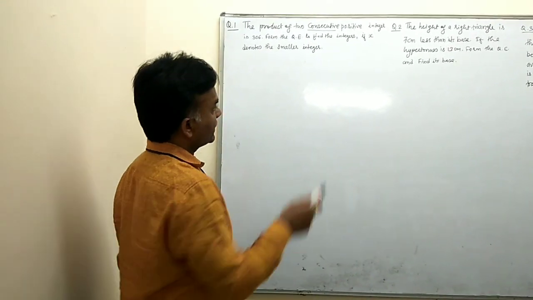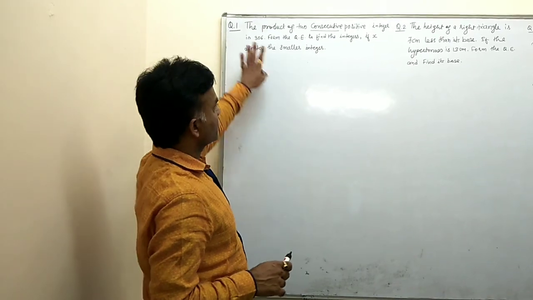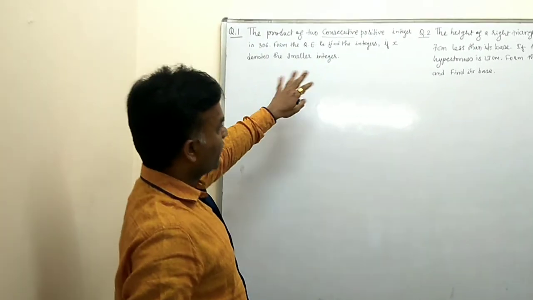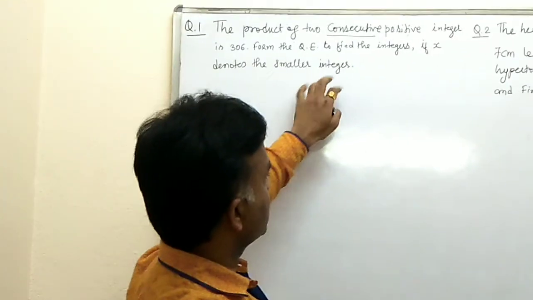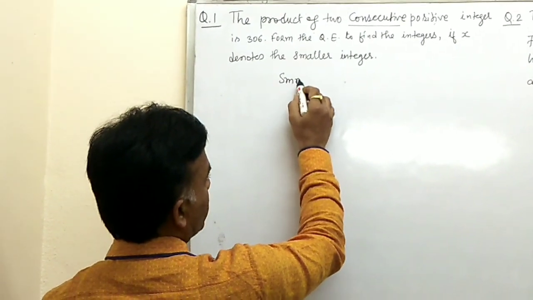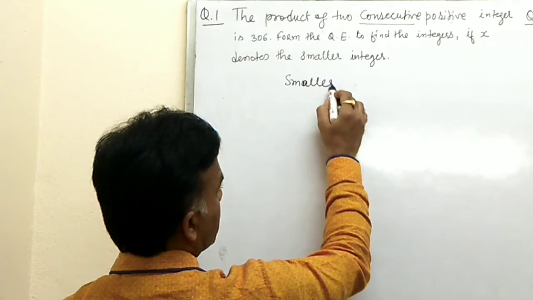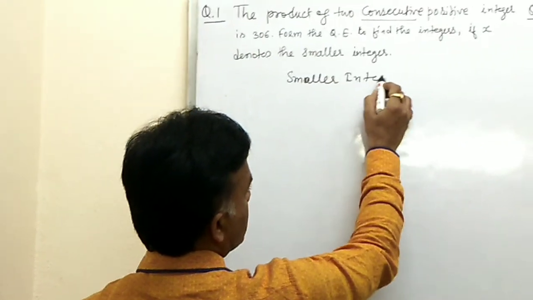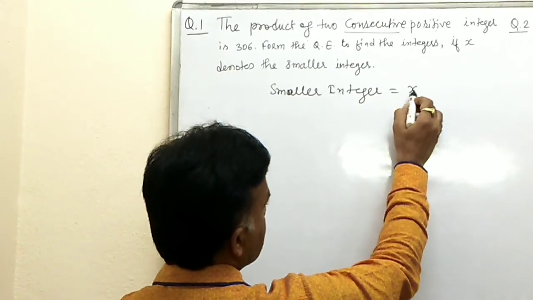Here we assume, because their product is given and x denotes the smaller integer. So you write down the solution: the smaller integer is x.